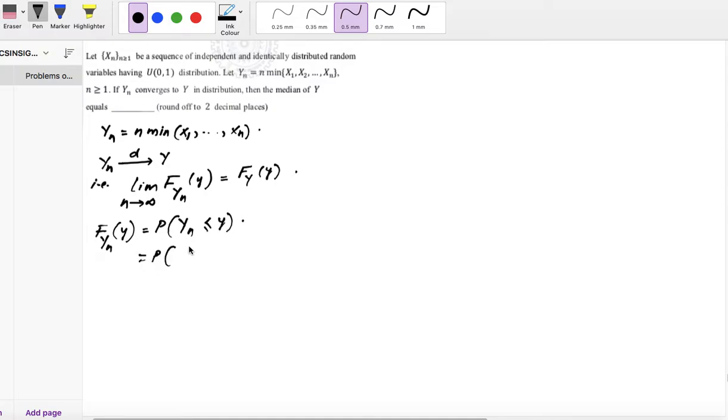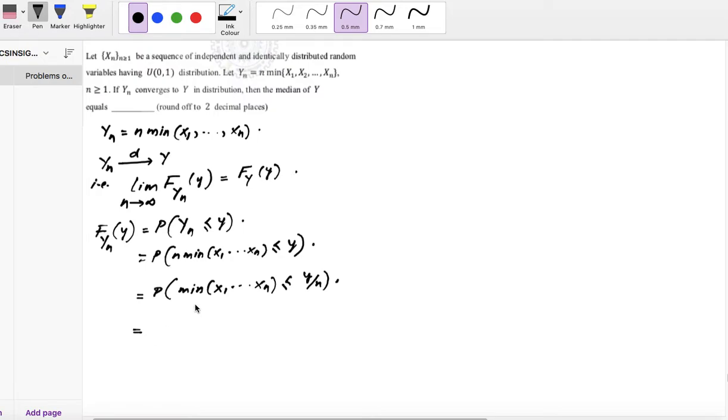We are given that yn is equal to n times the minimum of x1 to xn, less than or equal to y. Now we can write minimum of x1 to xn less than or equal to y by n.